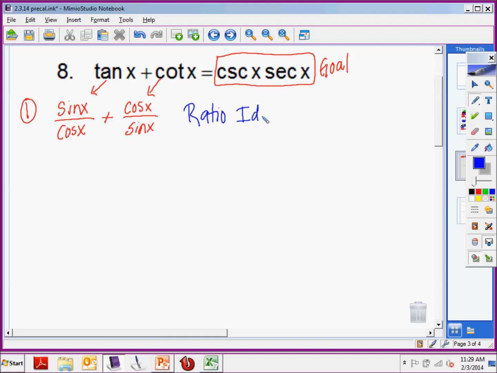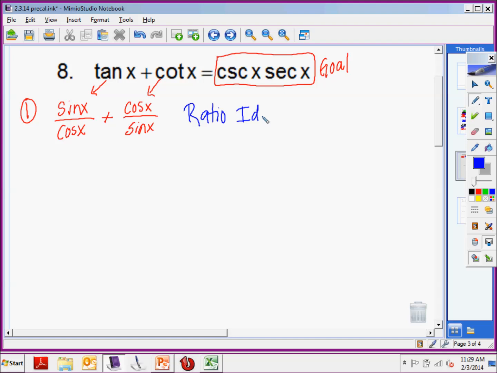You're telling yourself, what can I do? I can't just make sine x over cosine x without a reasoning. What's my reason? Ratio identity.